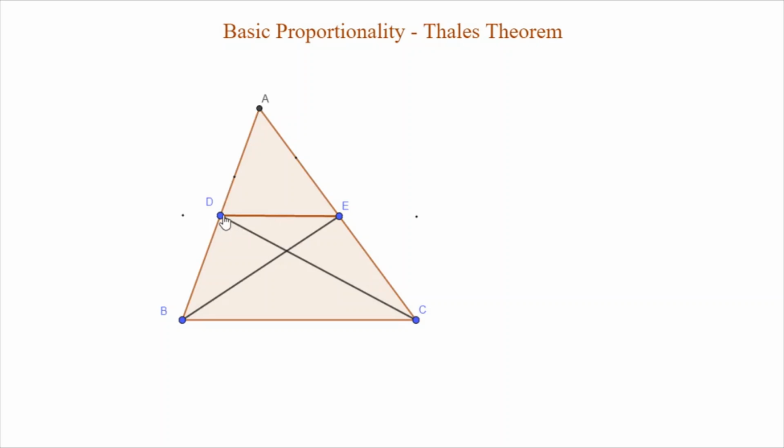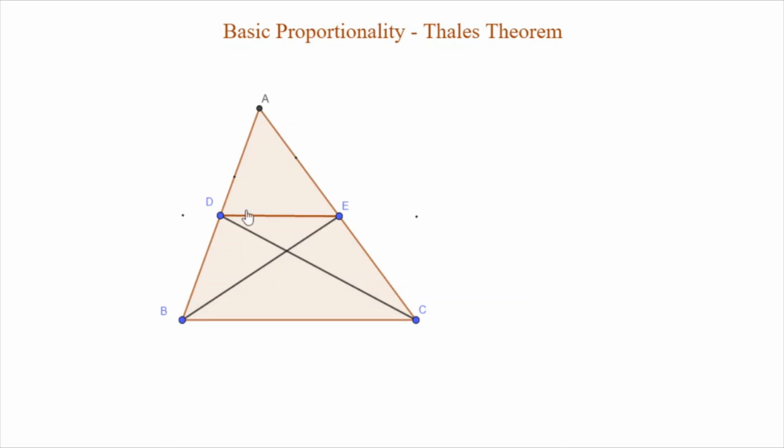Now also notice that triangles BDE and CDE are between two parallel lines DE and BC. Now let us try to find out the area of these two triangles BDE and CDE and see if they are in any way related. Taking DE as the base for triangle BDE, you need to find the height first.